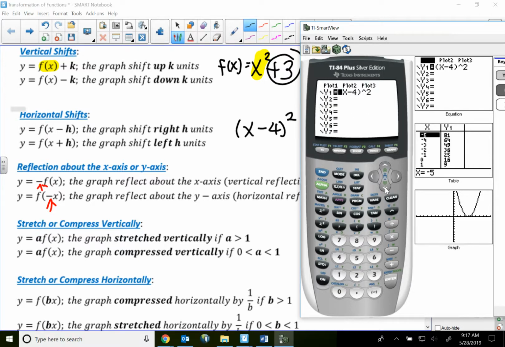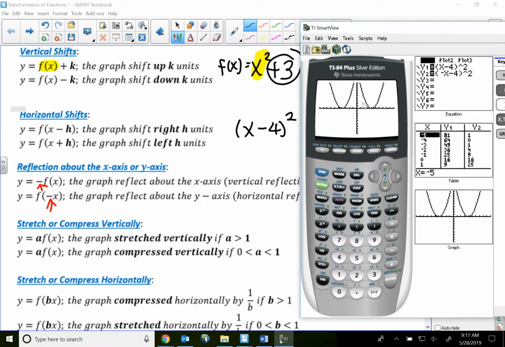Now, for the second graph, I'm going to add negative x minus 4, whole thing squared. Remember, my parabola is normally open up. So now there's a reflection about the y-axis.